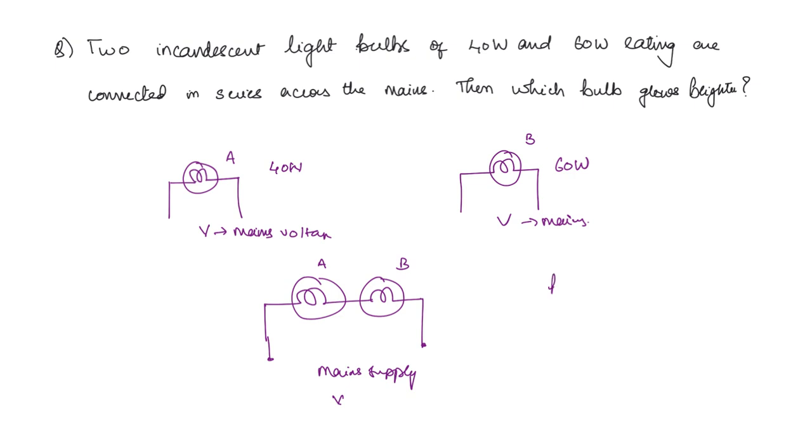Brighter bulb implies it dissipates more power. So now the condition here is the current is the same in both the bulbs. The voltage across each of them we do not know. What we know is the current.